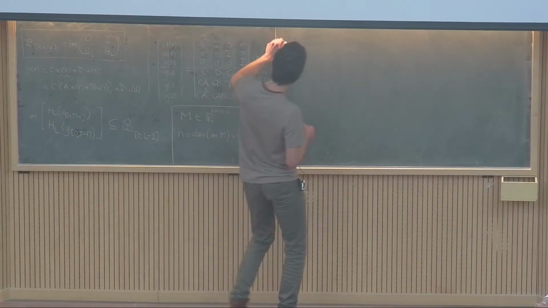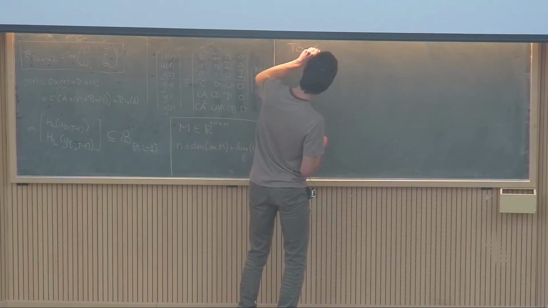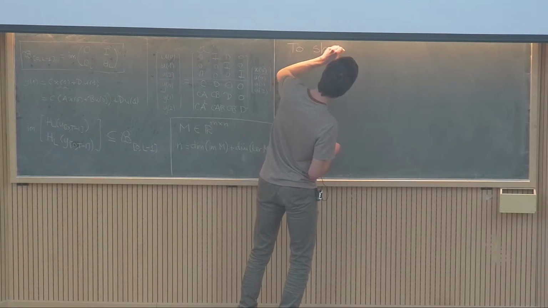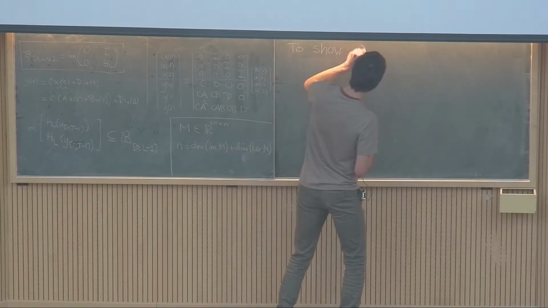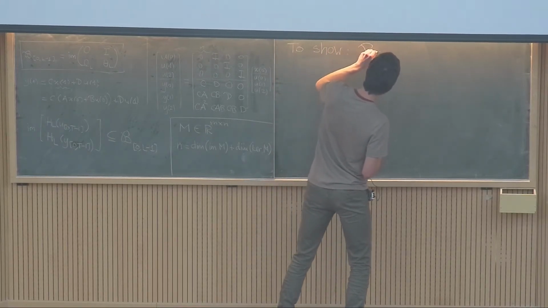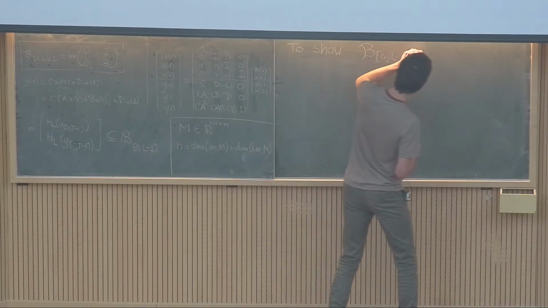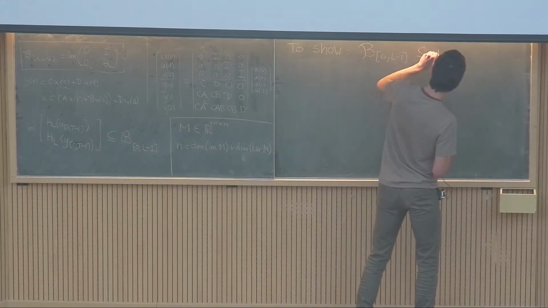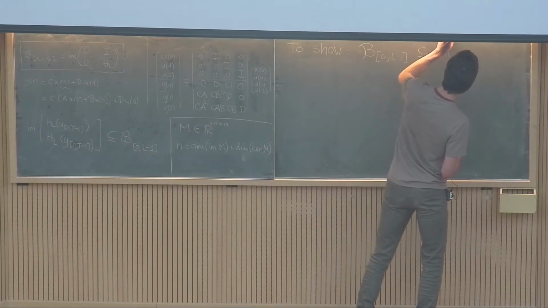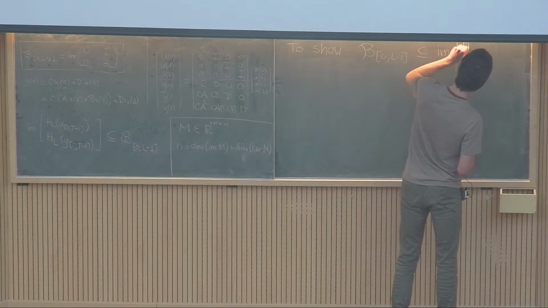So we need to show that the restricted behavior of the system is included in the image of the input-output Hankel matrix.